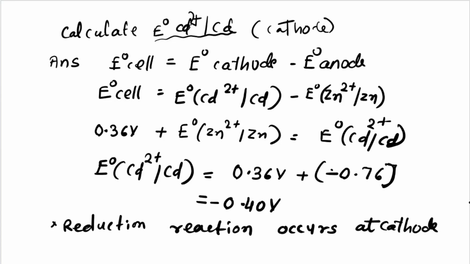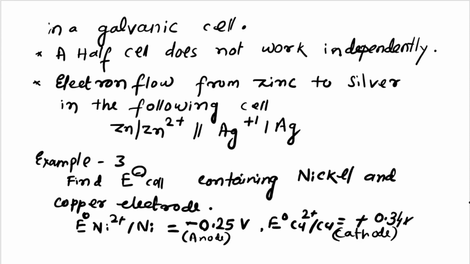Reduction reaction occurs at the cathode in a galvanic cell, and a half cell does not work independently. Half cell does not work alone, but when there is another half cell, then automatically it will work. That means without cathode, anode will not work, and without anode, cathode will not work.